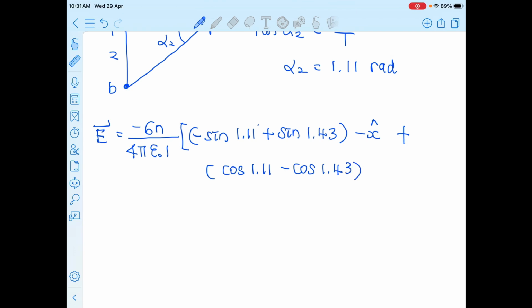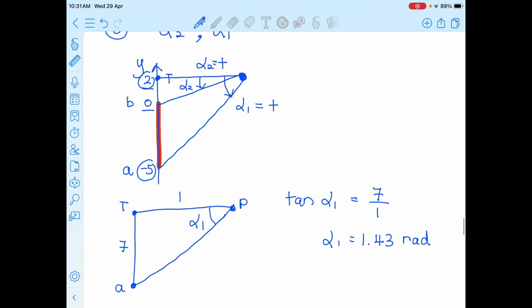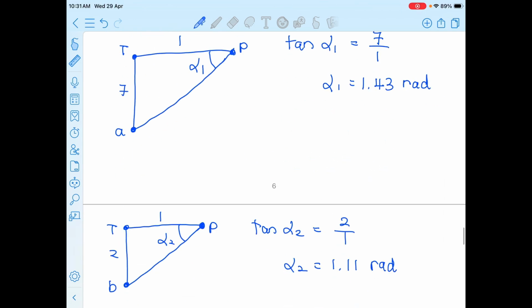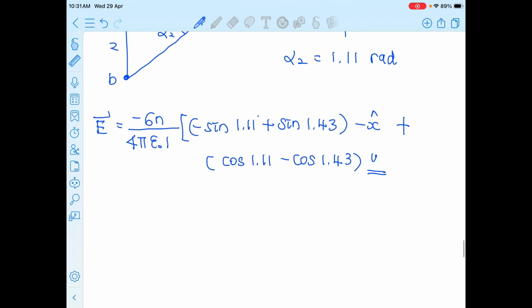Over here we have to look at the axis that we have our line charge. In this case, our line charge is positioned along the axis y, so over here we have to replace with y. So we can start the calculations. Negative 6 nano, so it's negative 53.93.